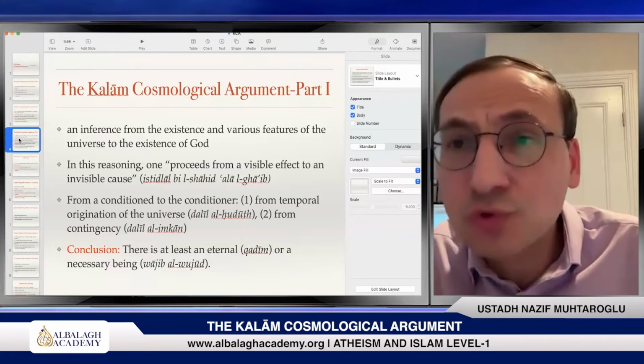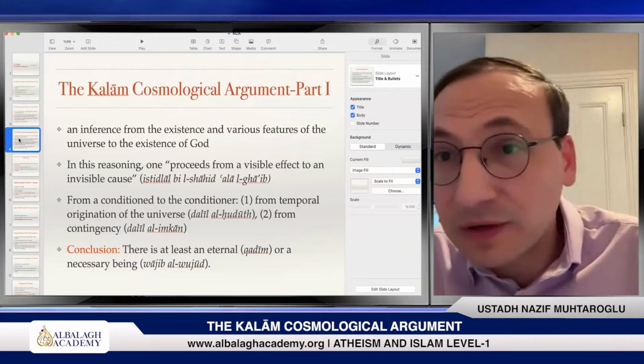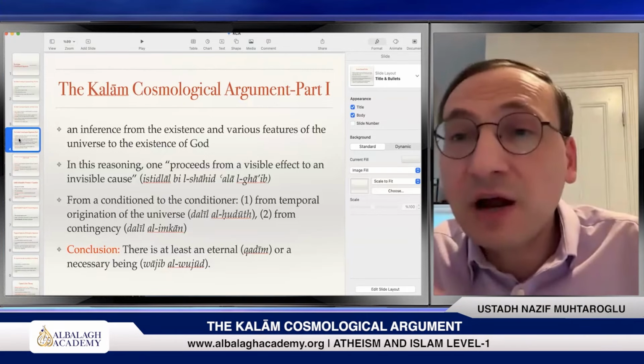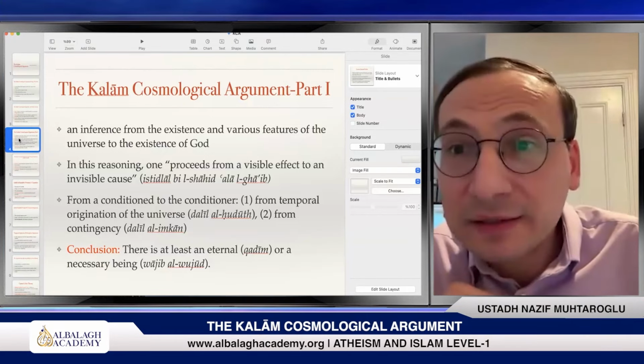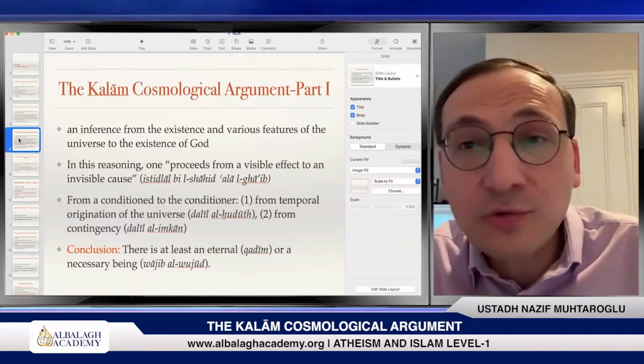But the Mutakallimun's way of arguing is quite different, which I try to underline one more time. Their arguments are not inductive or abductive. They use deductive arguments.